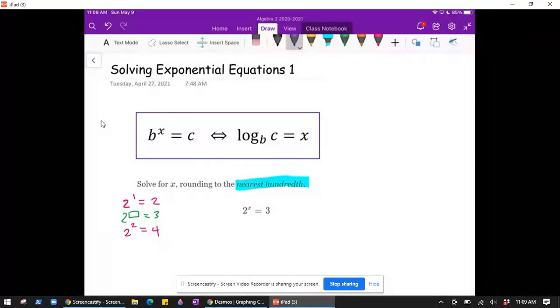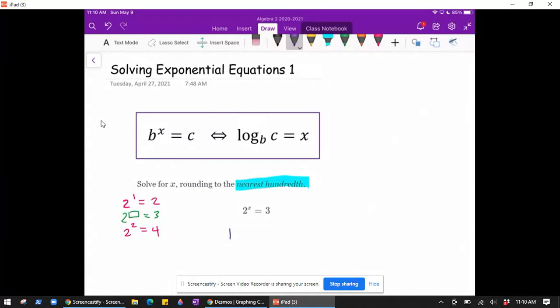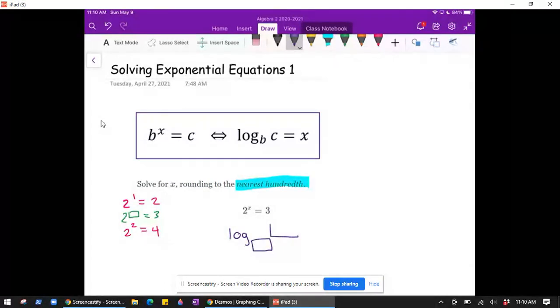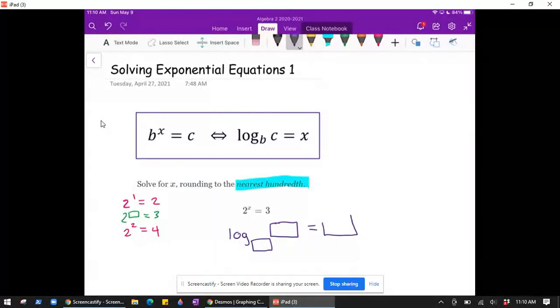So I'm going to write this problem like this. I'm going to say log, I'm going to put a box here for my base. I'm going to put a box here for what's called the argument. And then I'm going to put another box here.